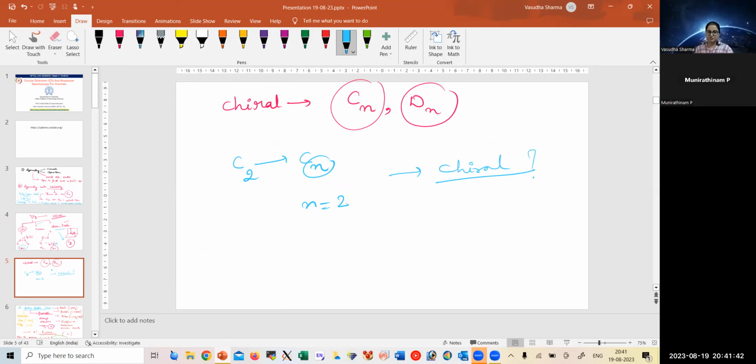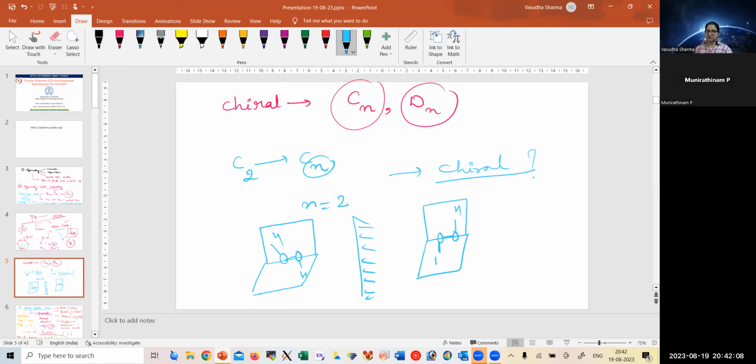But this is actually not true. So if I draw here that open book form, chirality also says that the mirror images should be non-superimposable. So when I have drawn this mirror, and now I am drawing this, this H will go here, this is going here. So now if I try to superimpose it, it would be non-superimposable.